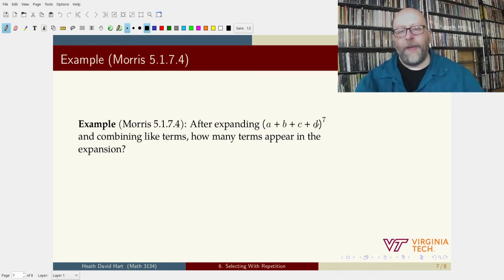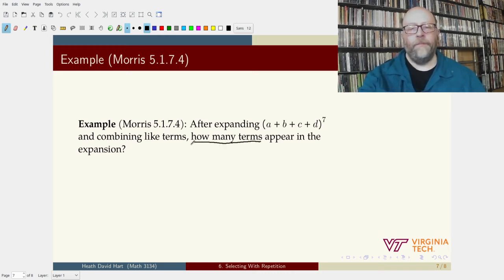After we expand (a + b + c + d)^7, how many terms appear in the expansion? Okay. So the question here is not what the coefficient is. That's what we use the binomial theorem for. We did the binomial theorem on Friday.